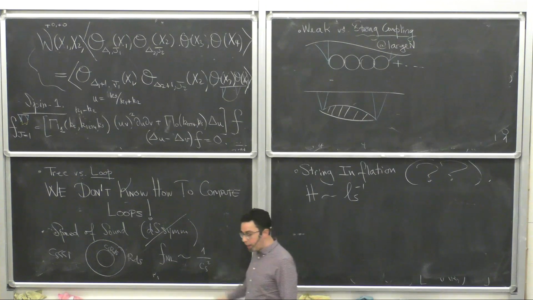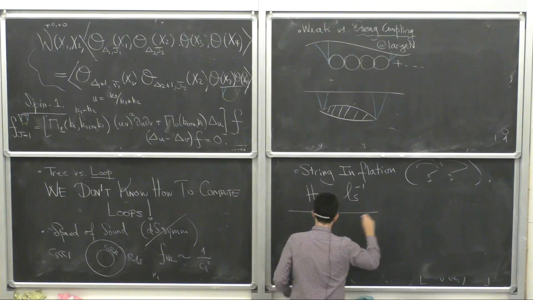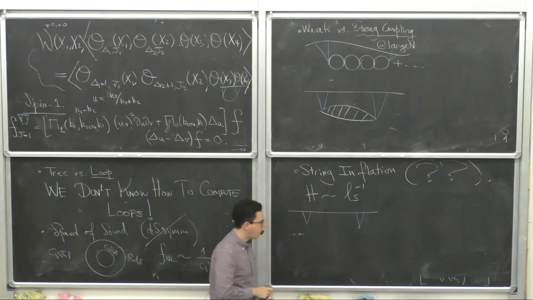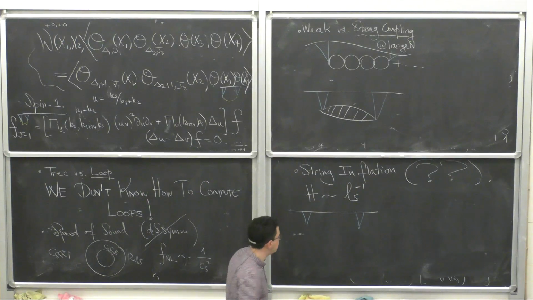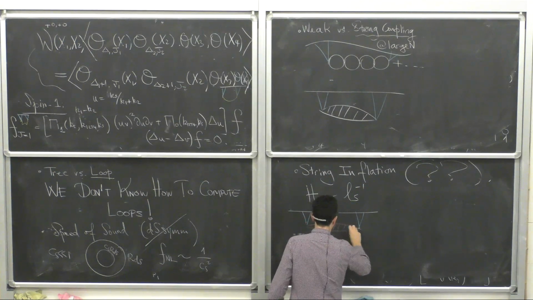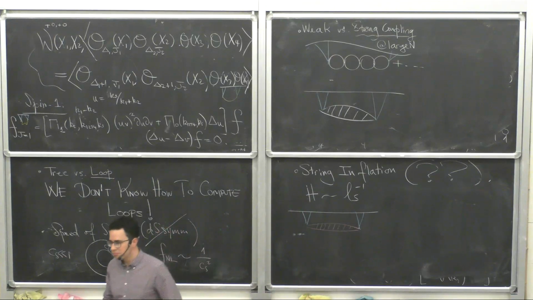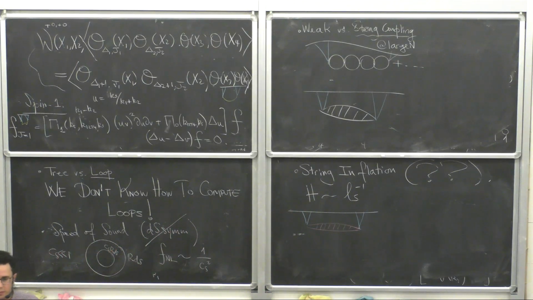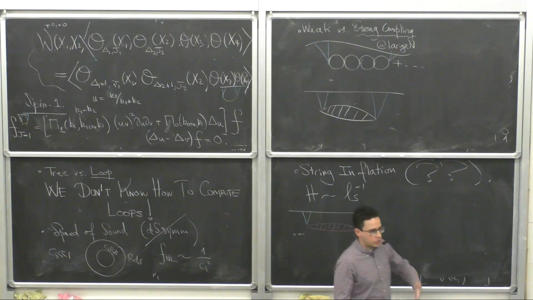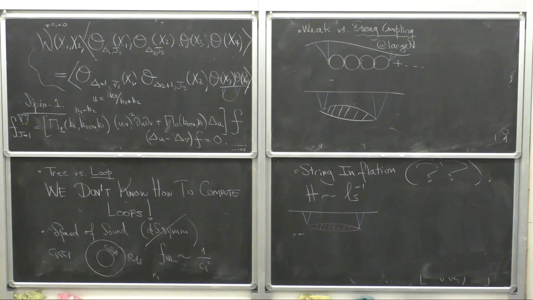So the question is, is there a correlator that has properties A, B, and C? If it does, then I say you discover string inflation. So this would be a correlator that exchanges an infinite tower of higher spin resonances, and the higher spin resonances are doing a very non-trivial job, right?